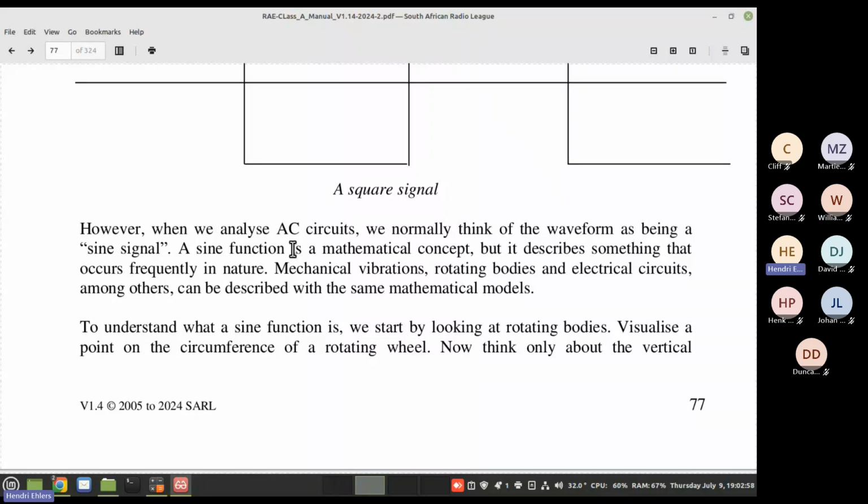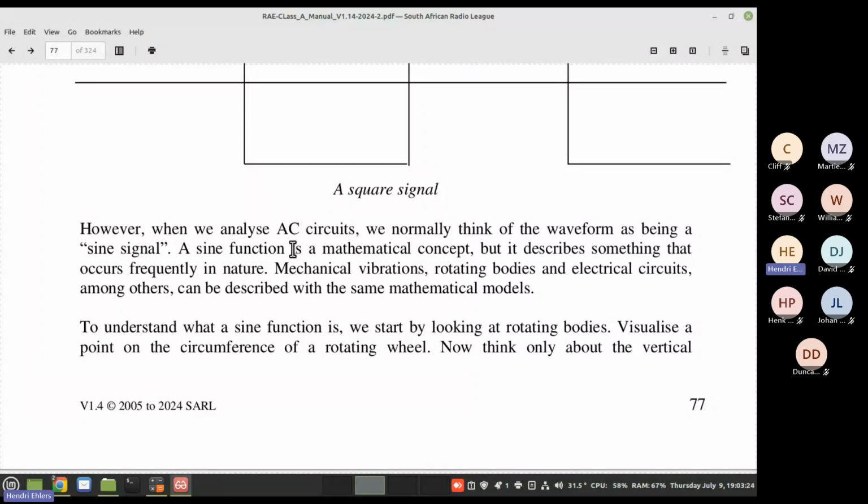However, when we analyze an AC circuit, we normally think of the waveform as being a sine wave or sine signal. Now, the complete word is sinusoidal, but for ease of talking we refer to a sine wave, and we regularly use sine waves to test different things.